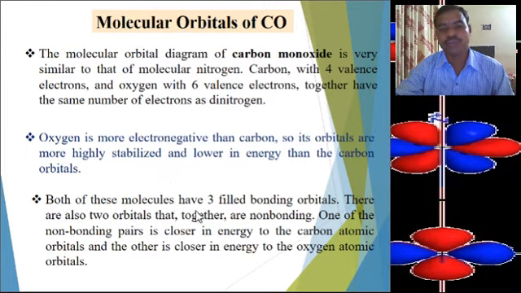Both of these molecules have 3 filled bonding orbitals. There are also 2 orbitals that together are non-bonding. One of the non-bonding pair is closer in energy to the carbon atomic orbitals, and the other is closer in energy to the oxygen atomic orbital.